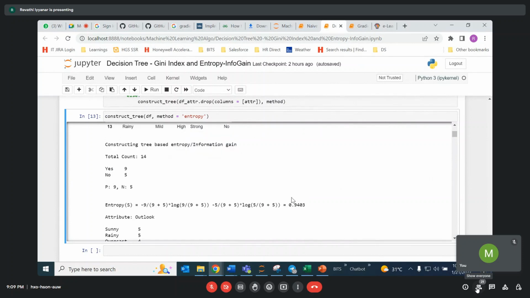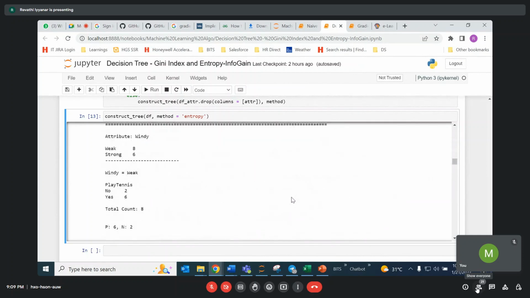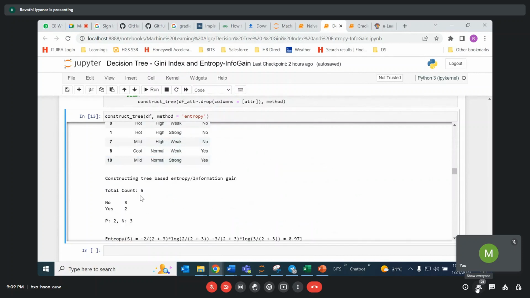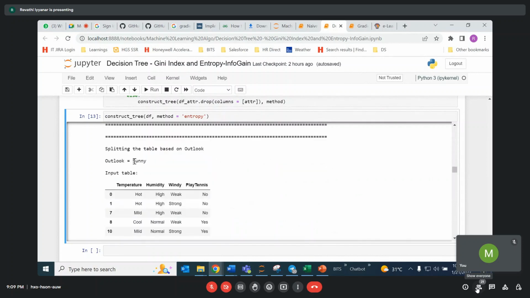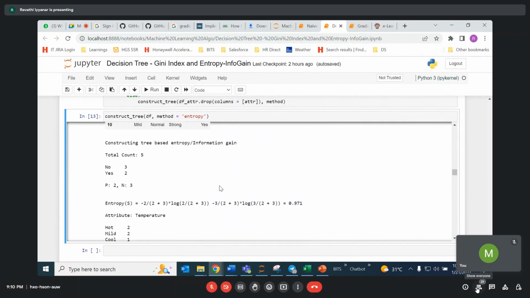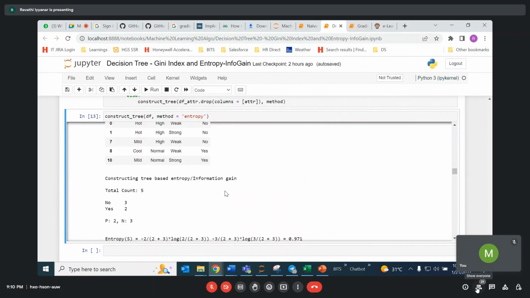That means from the root node there should be 3 child nodes, and we need to compute for given Outlook sunny: what would be the next node? Is it temperature or humidity or windy? Again, we need to compute information gain for all those 3.